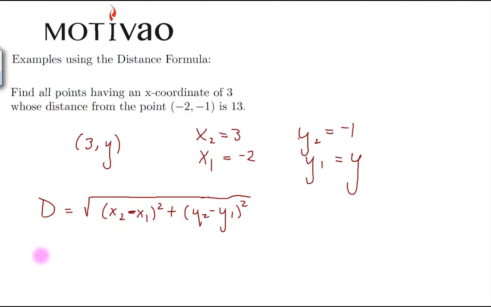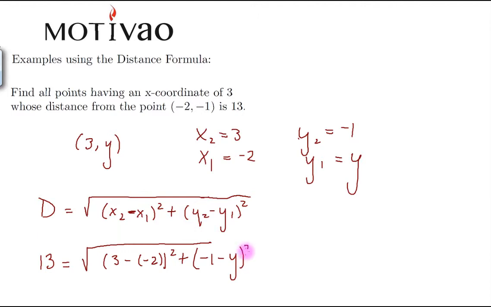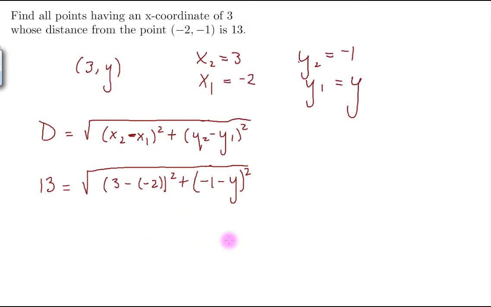Now we already know the distance. The distance is 13, so we can write 13 equals the square root of what? Well, x2 we know is 3 minus x1, which is -2, squared, plus y2, which is -1, minus y1, which is y, squared. Okay?